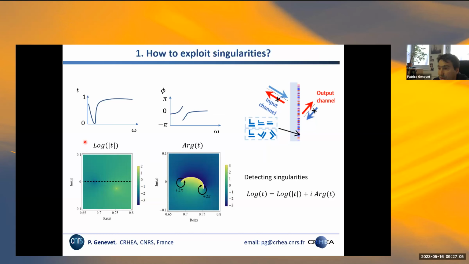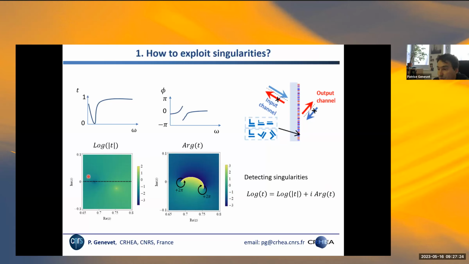And then we take the log of this transmission or reflection coefficient at every single point with complex frequency excitation, and we extract the amplitude and the actual phase by taking the log of this coefficient. You see that the log will directly provide the actual phase of the reflection coefficient.